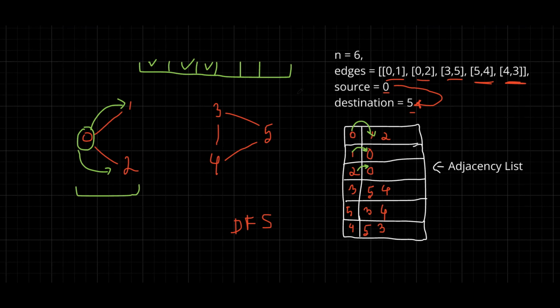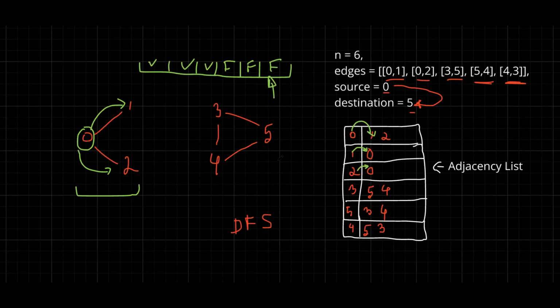That means the other nodes, which are 3, 4, and 5, are still unvisited. That means the visited array is represented by false. So we can see that after starting the DFS function from the source, we cannot reach the destination because the destination's flag is equal to false.